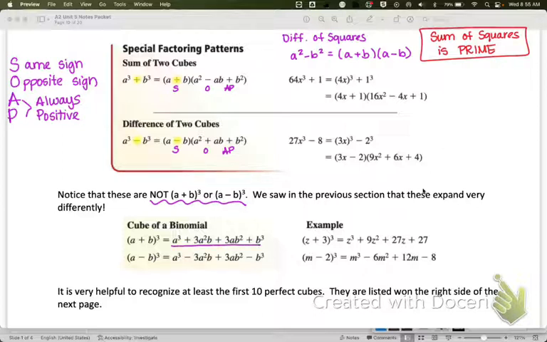A plus B cubed is the factored form, and if I multiply that out, I get A cubed plus yada, yada, yada. If I were to multiply out the factored form here, I would get A cubed plus B cubed, not A plus B cubed. They are not the same thing, so be very careful. Remember, are you factoring or are you multiplying? Okay, the direction that you're going with the operation is really important.